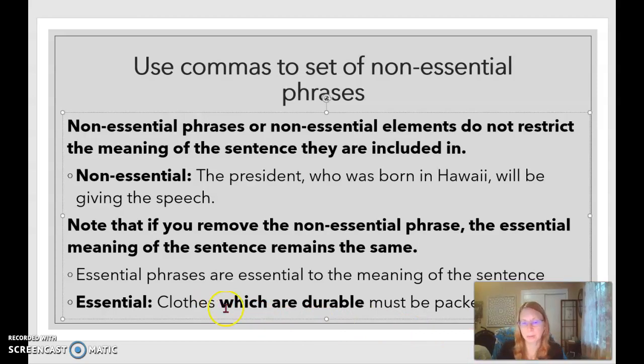Clothes which are durable must be packed for the hike. In this instance, the phrase is essential to the meaning of the sentence because the person needs to know to pack durable clothes for the hike. So we do not put commas to separate this phrase from this sentence because they are essential to the meaning.